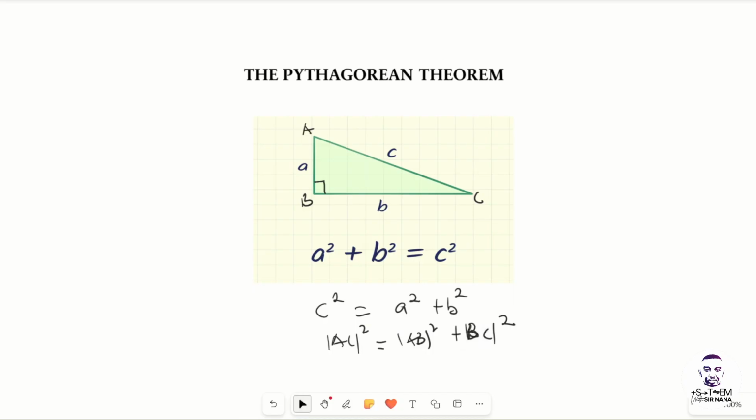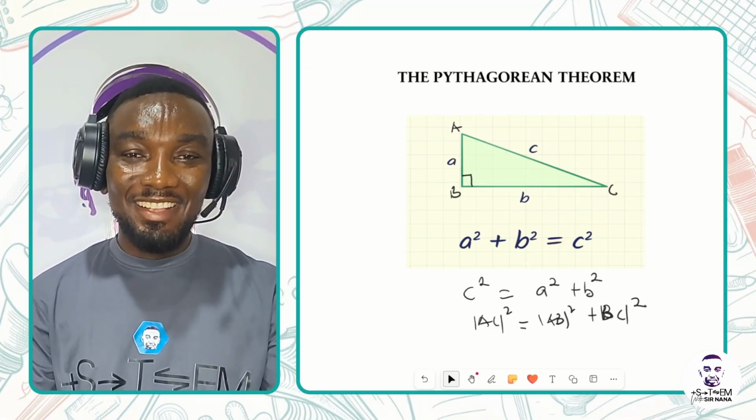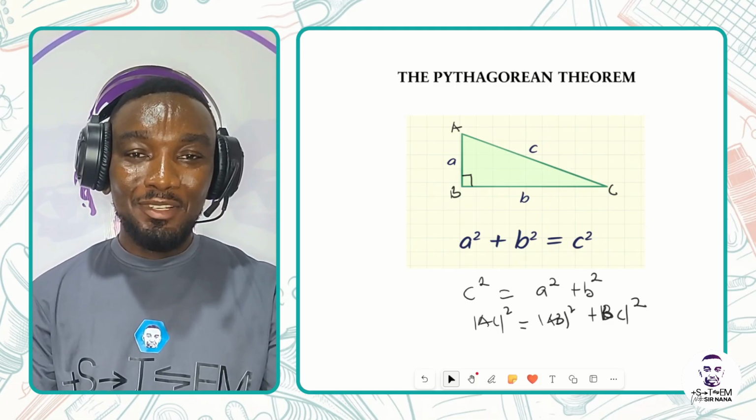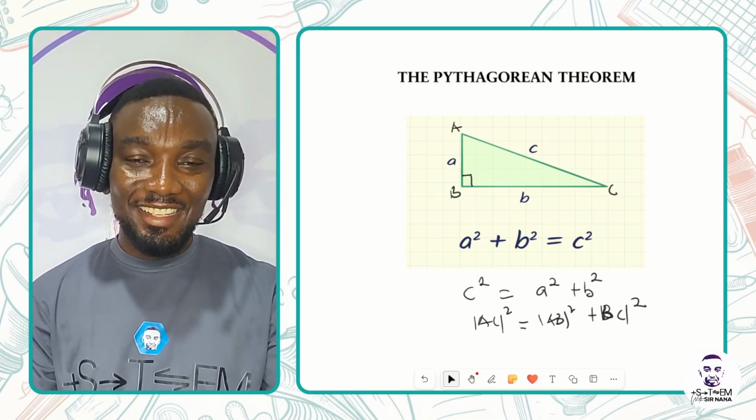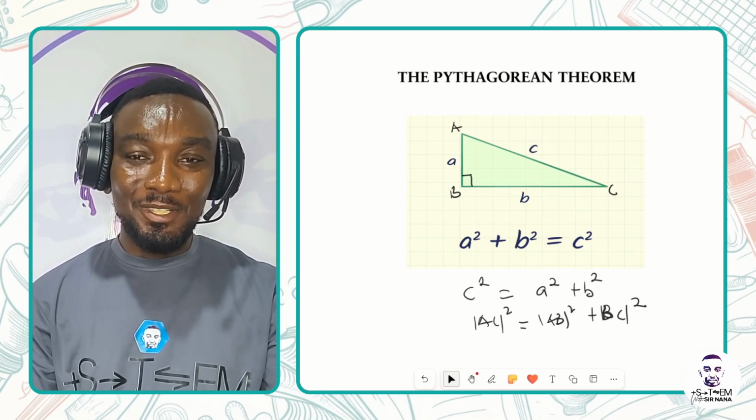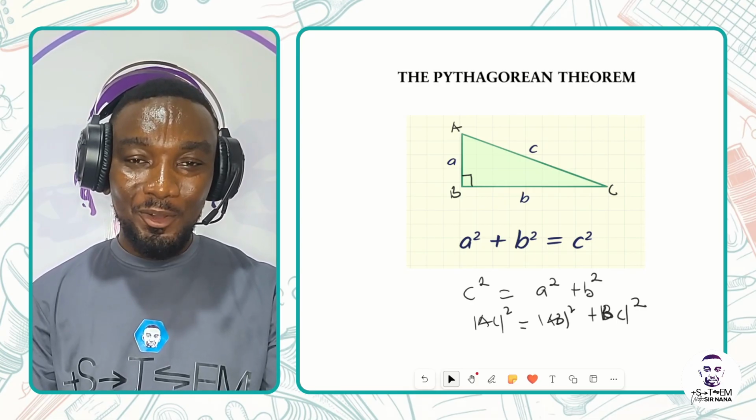Remember that the Pythagorean theorem says that the square of the hypotenuse is equal to the sum of the squares of the other sides. So in this lesson, we have considered the Pythagorean theorem and looked at how we can verify it. In our next lesson, we want to consider some examples of questions on the Pythagorean theorem.